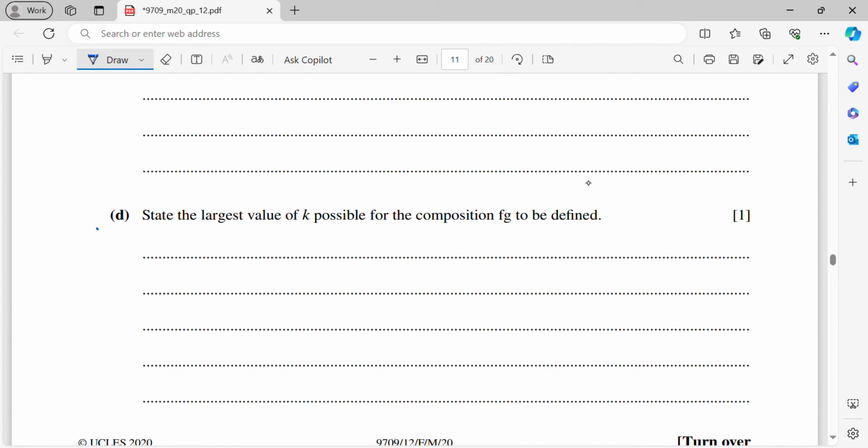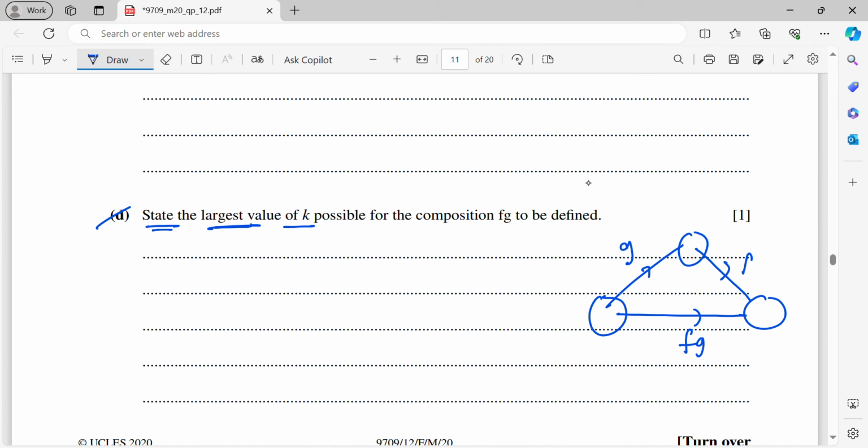Okay, now D: state the largest k for the composition fg to be defined. Okay, so now fg, right, fg means g first followed by f.